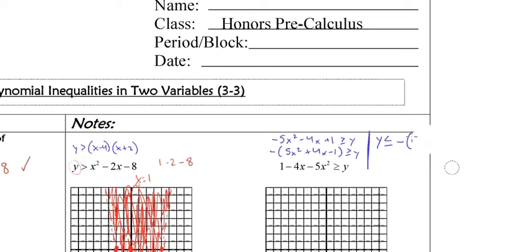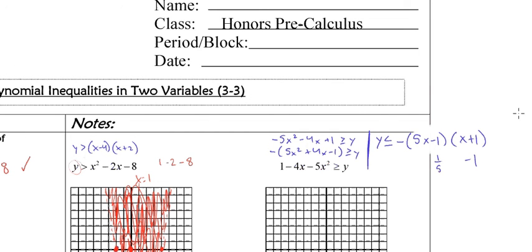So y is less than or equal to negative 5 times 5x minus 1 times x plus 1. And so I know my roots are going to be at negative 1 and what is that? 1/5.